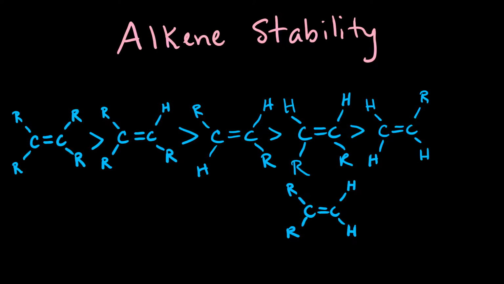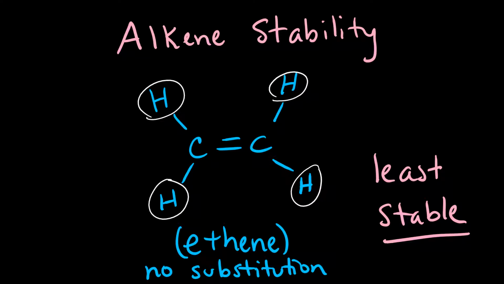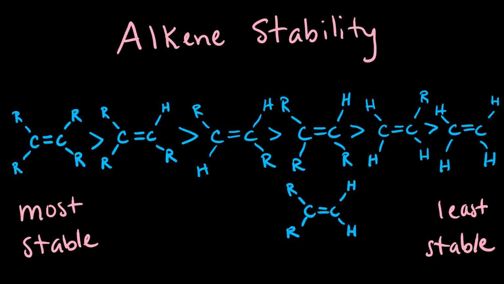In terms of stability, the monosubstituted alkene comes in below any of the di-substituted variations. And then finally, you have the simplest alkene where you have only hydrogens on the alkene. This is ethene, where there is no substitution, and this would be the least stable of all. So here's the full scheme from most to least stable.